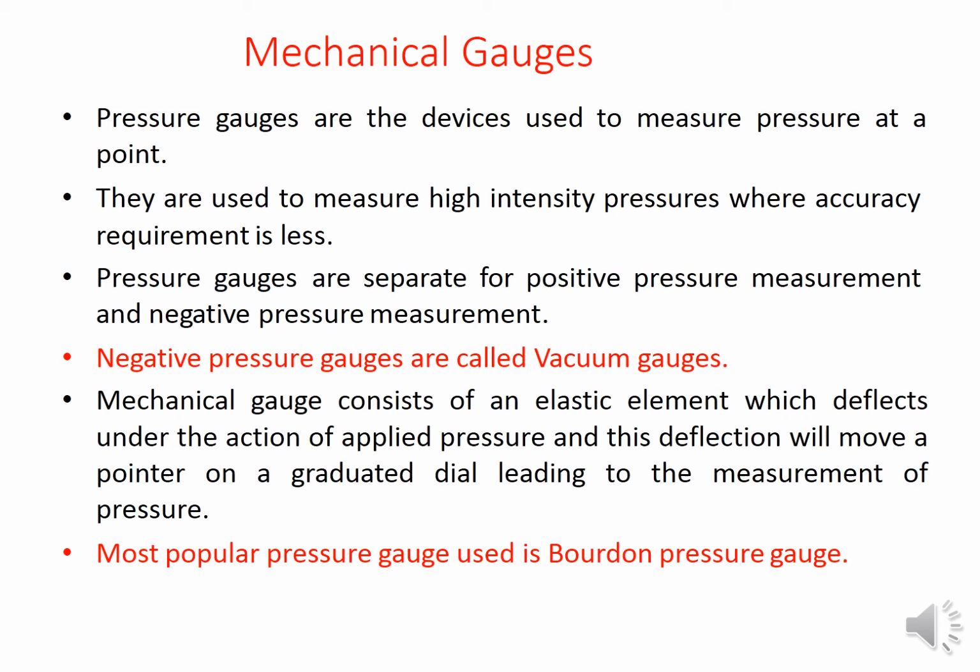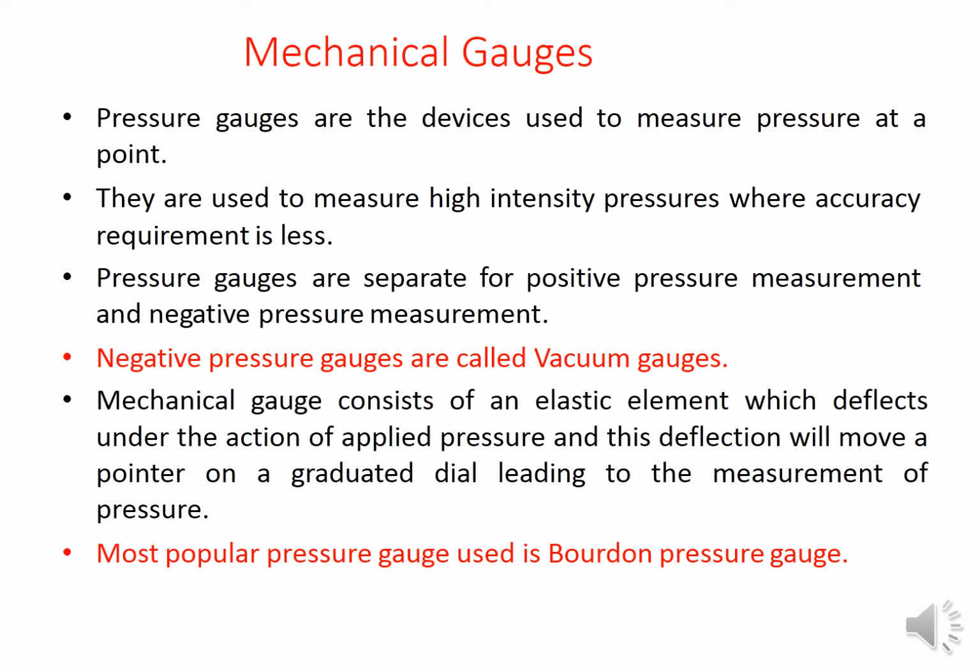Now, mechanical gauges. Some of the mechanical gauges we are going to use in our experiments or practically to calculate pressure. Pressure gauges are devices used to measure pressure at a point. These are used to measure high intensity pressures where the accuracy required is less. Pressure gauges are separate for positive pressure measurement and negative pressure measurement.